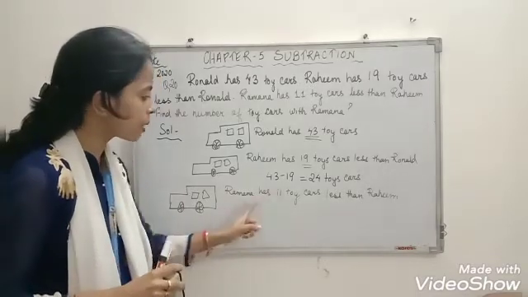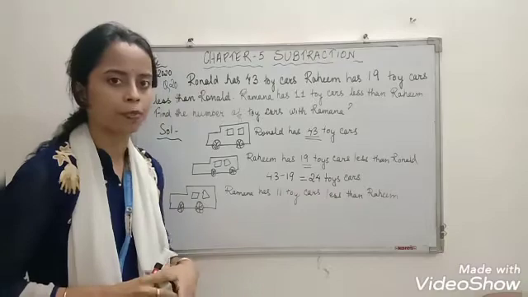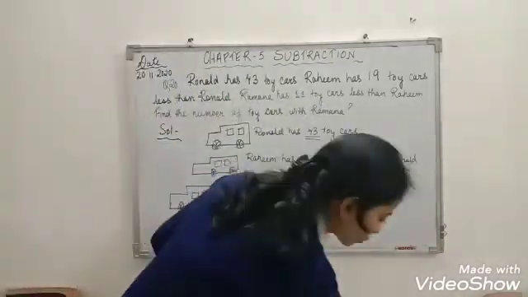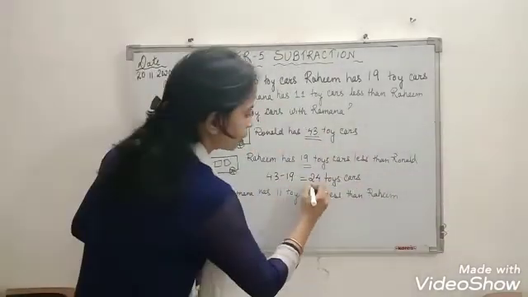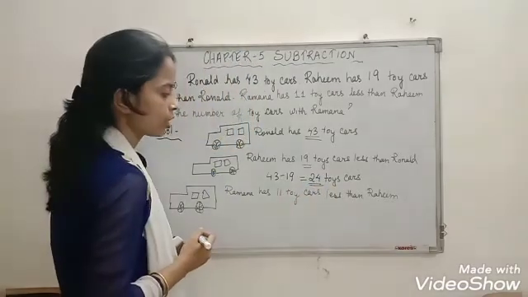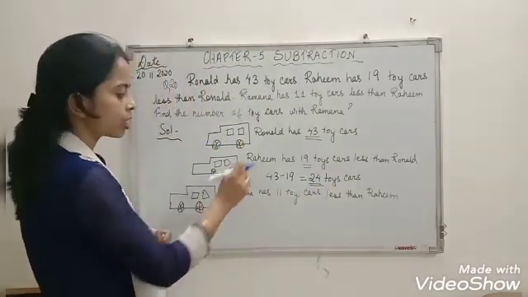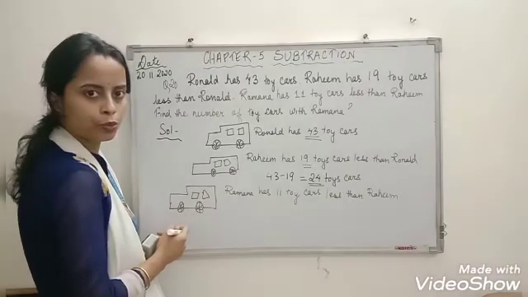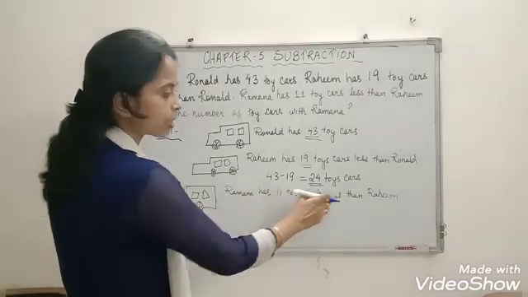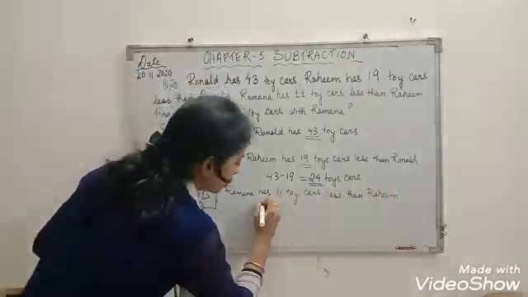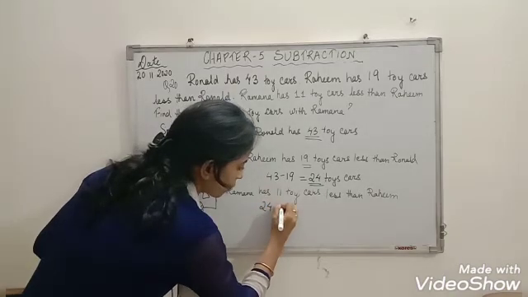So what is given here? Ramana has 11 toy cars less than Rahim. Now tell me children, Rahim has how many toy cars? 24. So to find out the number of toy cars with Ramana, what do we have to do? Ramana has 11 toy cars less than Rahim. That means what? 24 minus 11.